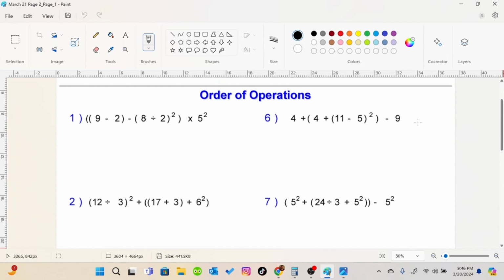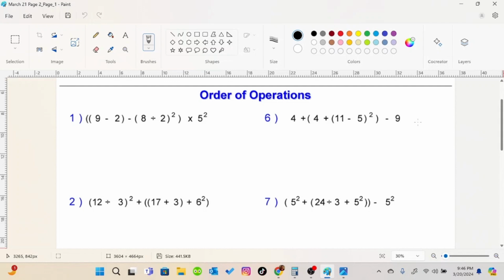On page 2, we're going to focus on order of operations. This is a very important skill that a lot of people mess up, so we need to make sure you understand the proper order.